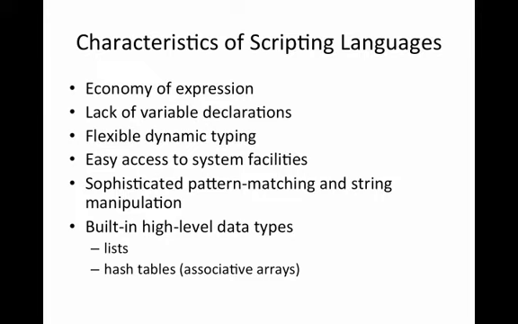First of all, many scripting languages do not require you to declare variables. Now, as you get into larger scripts, you often do declare your variables as a way of allowing the scripting language to perform some checking, so that if you have a typo with a variable, you don't inadvertently introduce a new variable.